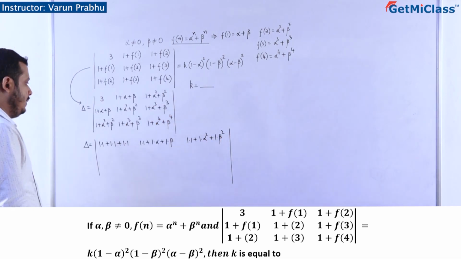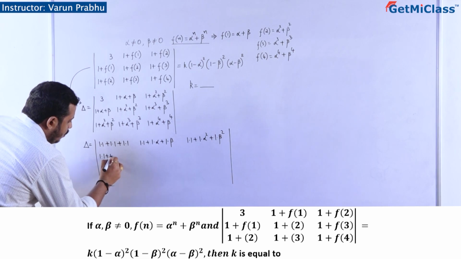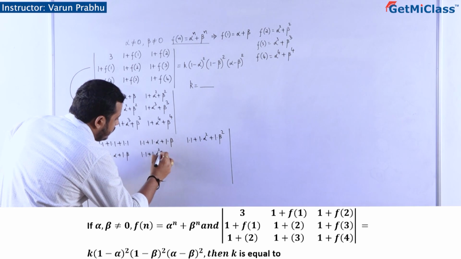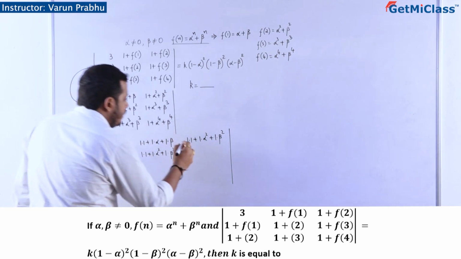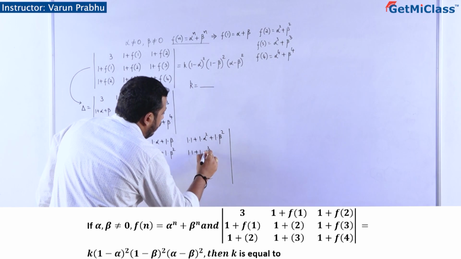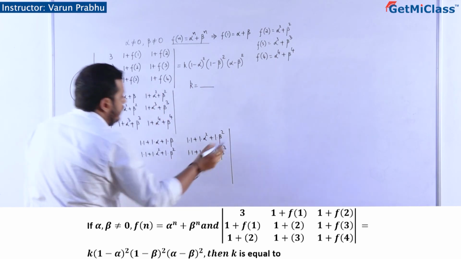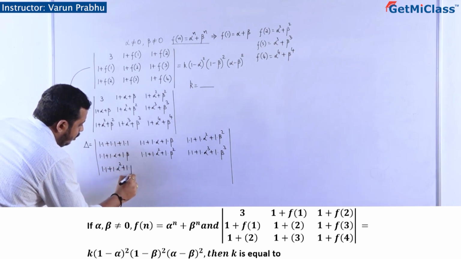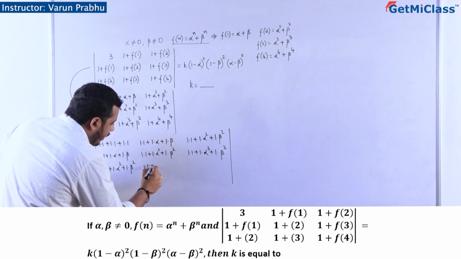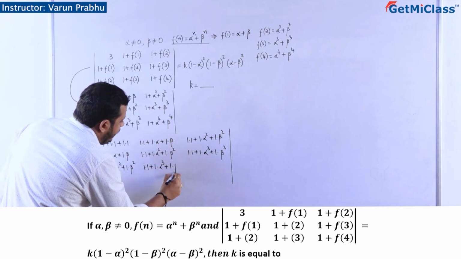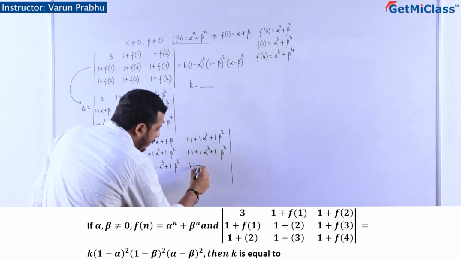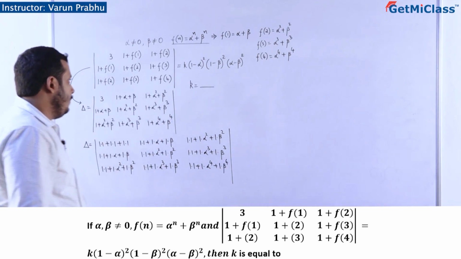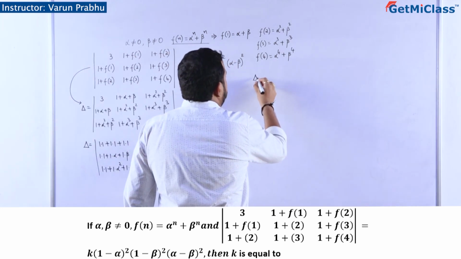Similarly, 1 into 1 plus 1 into alpha plus 1 into beta, 1 into 1 plus 1 into alpha square plus 1 into beta square, and 1 into 1 plus 1 into alpha cube plus 1 into beta cube, and so on up to 1 into 1 plus 1 into alpha to the power 4 plus 1 into beta to the power 4. Is it correct?